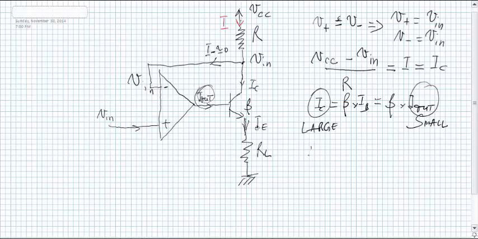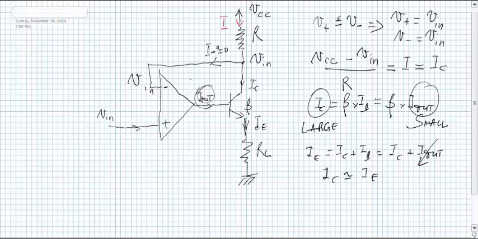So IE is IC plus IB, and IB is nothing but I out of the op-amp, so IC plus I out. And typically IB and this I out are so small that we can ignore them, so we can simply say that IC is practically equal to IE. IE being slightly bigger, but not by much.